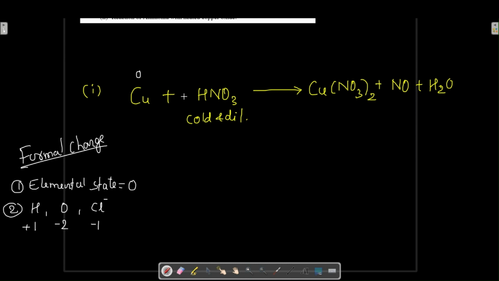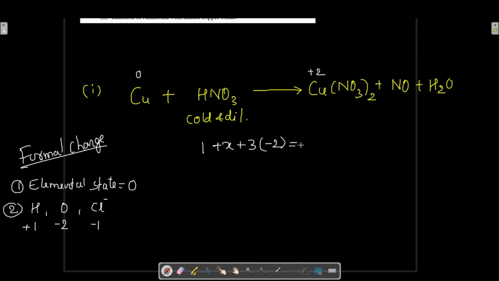Come here. Copper in elemental state, charge is 0. Come to the next copper, on the product side, copper nitrate. You know it is plus 2 state, so write plus 2. Nitrogen in HNO3, what is the charge? How to find it? I will call it X. Hydrogen 1, plus X, plus 3 oxygen atoms. What is the charge? Minus 2 for oxygen.